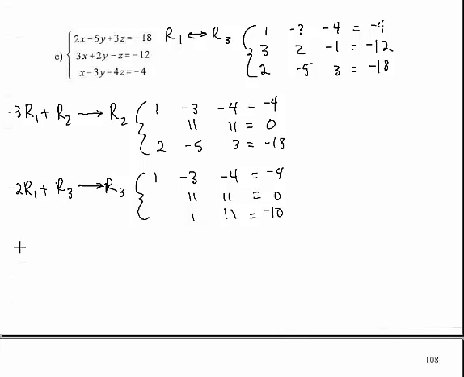And now for our final step, we've eliminated the x in the last two equations, and now we want to take the last two equations and eliminate the y from one of them. Okay, let's see, I'm going to use the second one to eliminate the 1 from the third one.